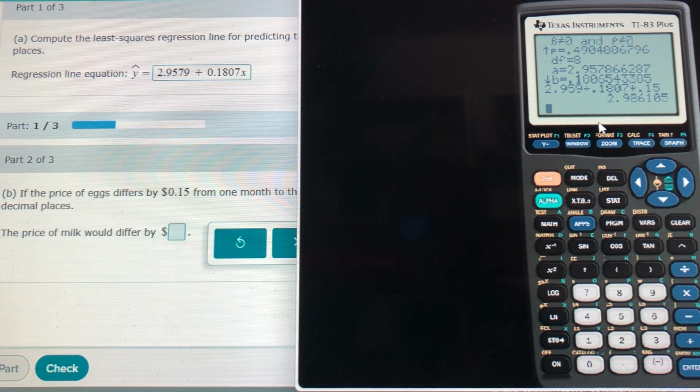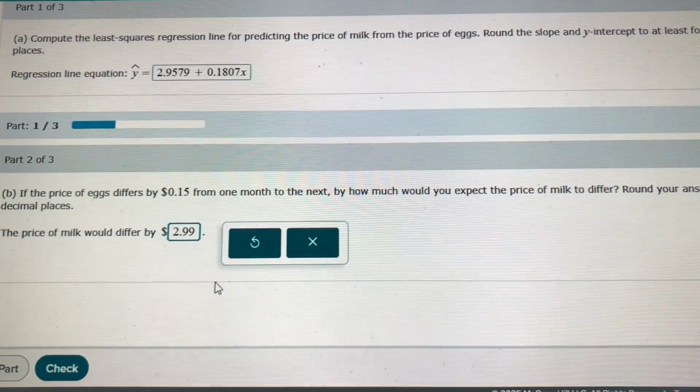So milk should then be $2.99 if you want dollars and cents, 2 decimal places because they're doing money.